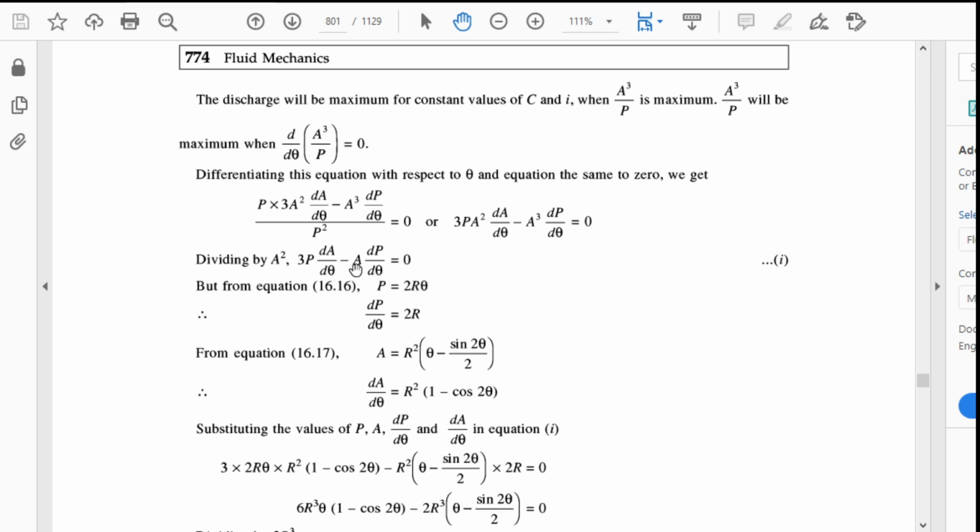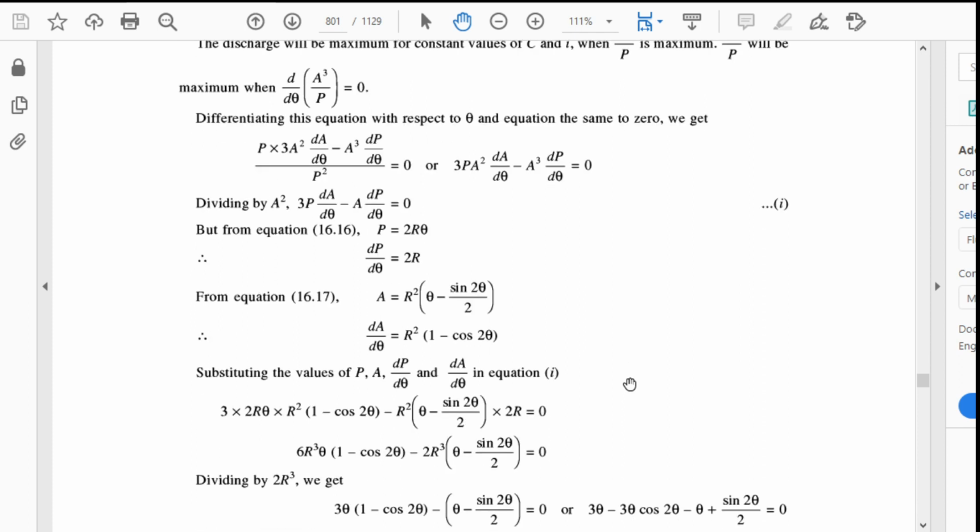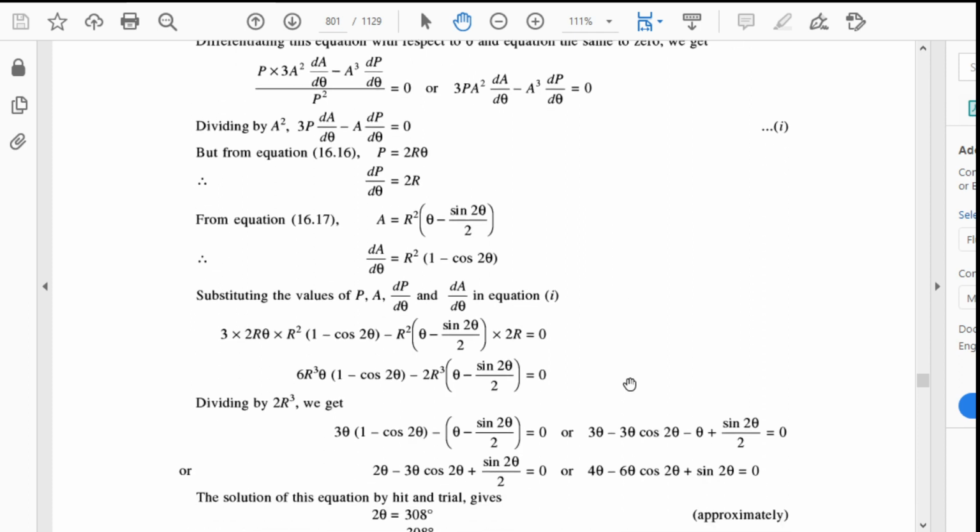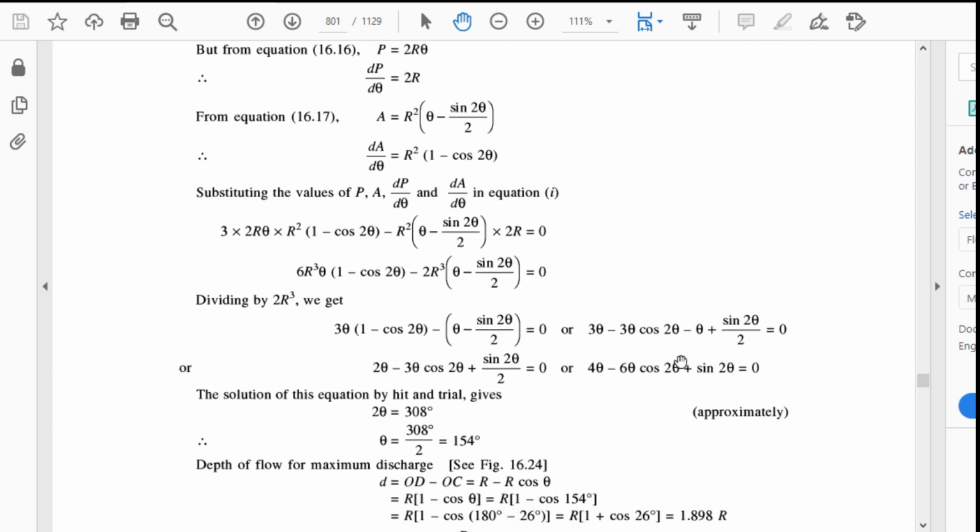So here also we have to know the differentiation of area and the differentiation of perimeter. As before we have calculated the differentiation of area and perimeter, we can substitute the values of the differentiations directly, and you will get the 2 theta value as 308 degrees.